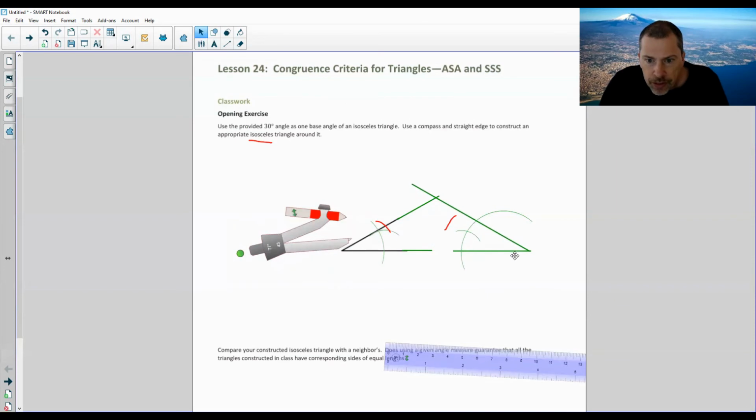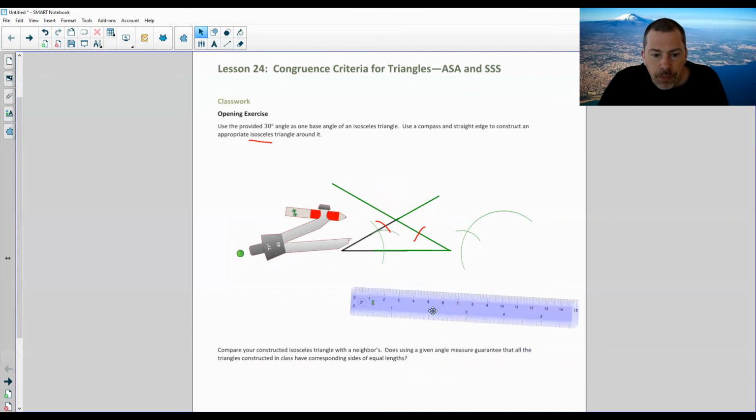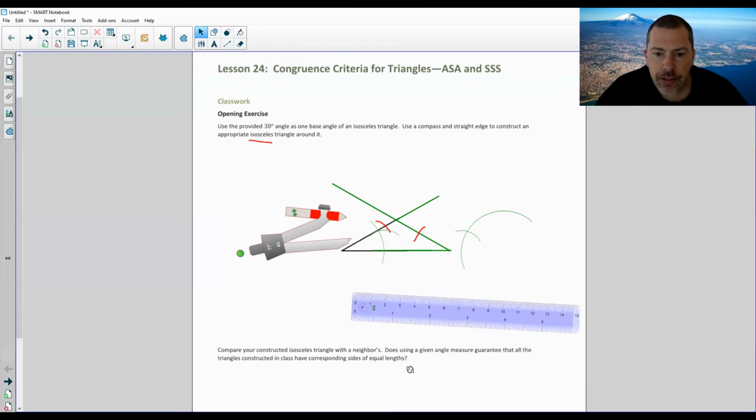So if I continue to intersect, that will still make a triangle as long as I close this in. But now this side is congruent to this side, but they're longer. Or if I move this closer, really close, now this triangle's still isosceles. This side is equal to this side. So they should not have equal lengths of someone else's triangle, because wherever they put the vertex of the second base angle determines the length of the sides.